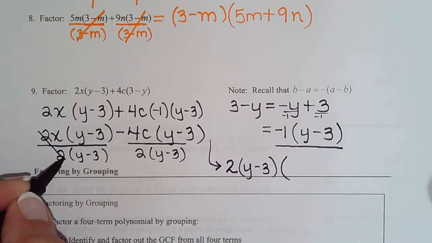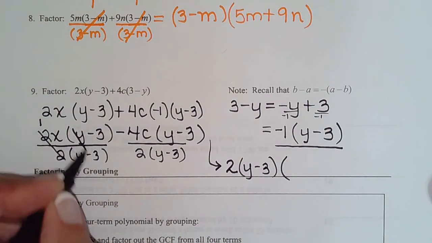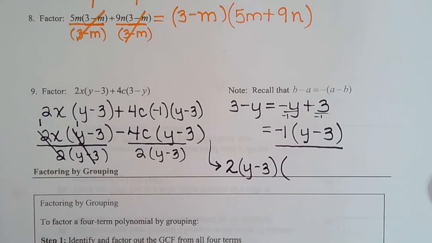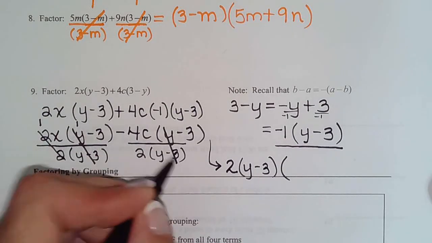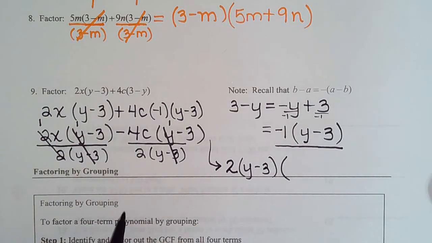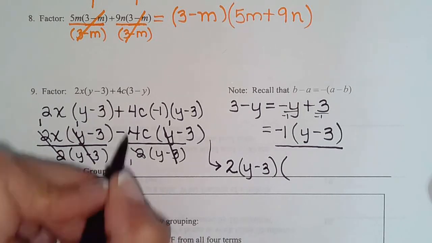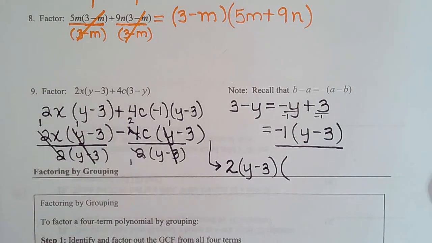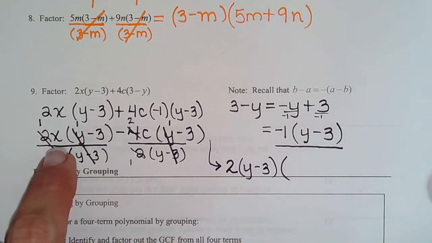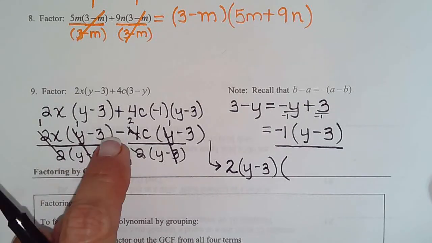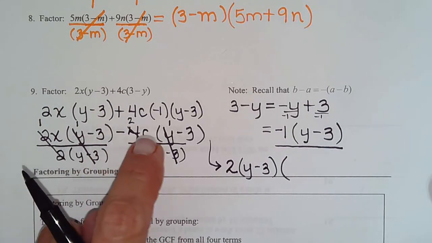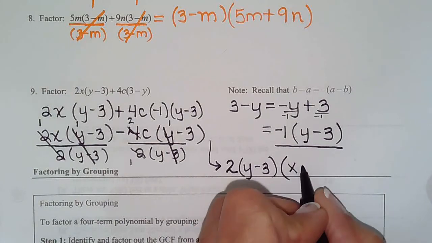So 2 divided by 2, 1. Y minus 3 divided by y minus 3, 1. Y minus 3 divided by y minus 3, 1. And 2 goes into 2 once and into 4 twice. So what do I have left? X minus 2c for the second parenthesis.